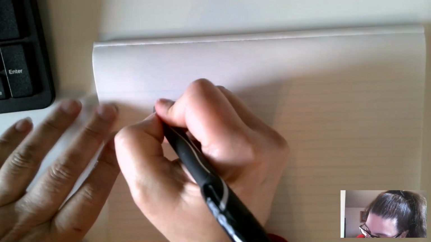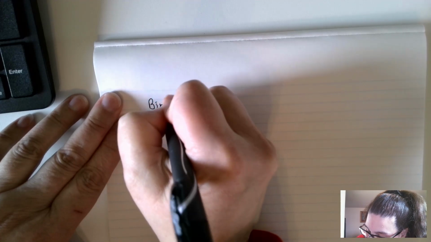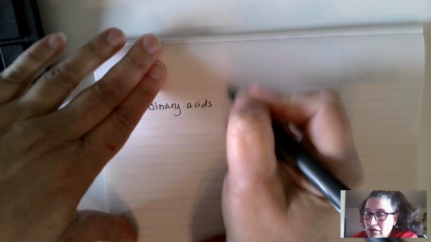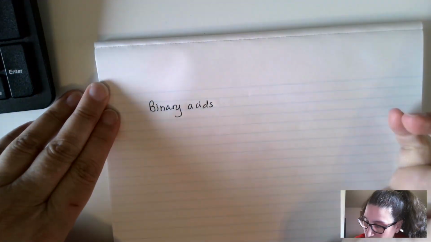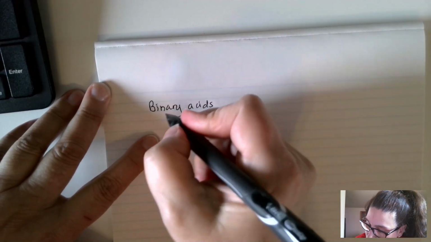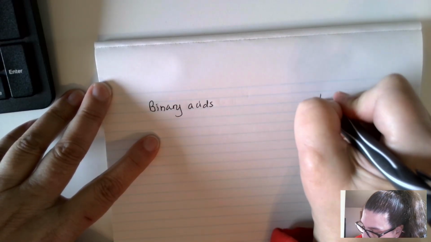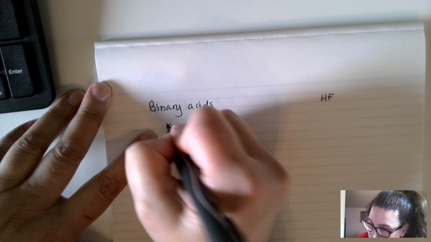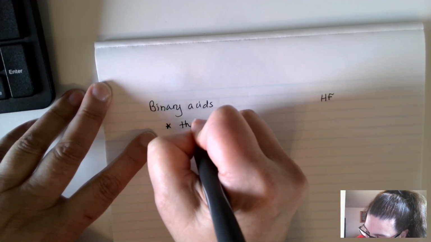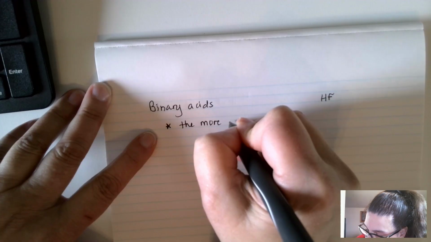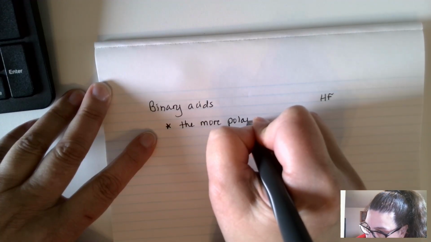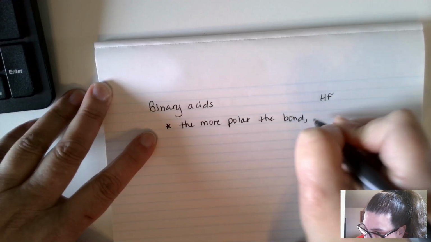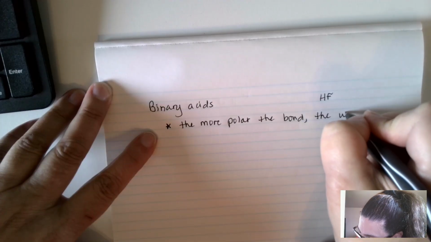Alright, so we're going to just look at binary acids. For binary acids, like if we look at something like HF, the more polar the bond, the weaker the acid.